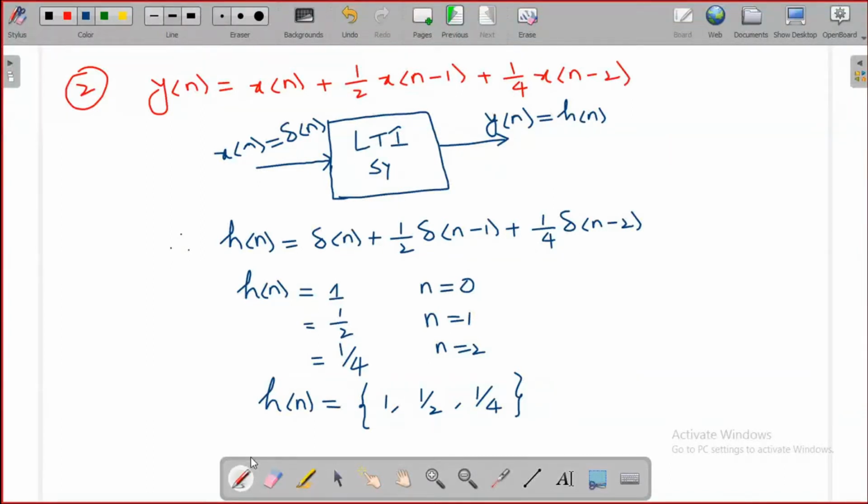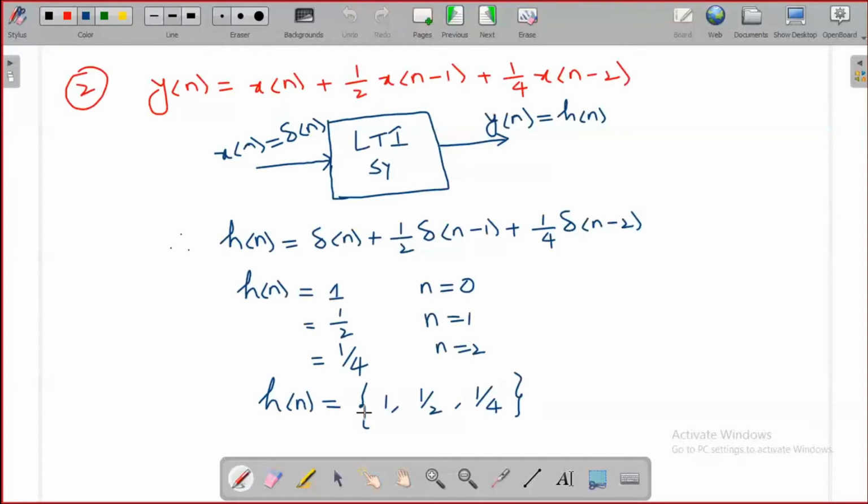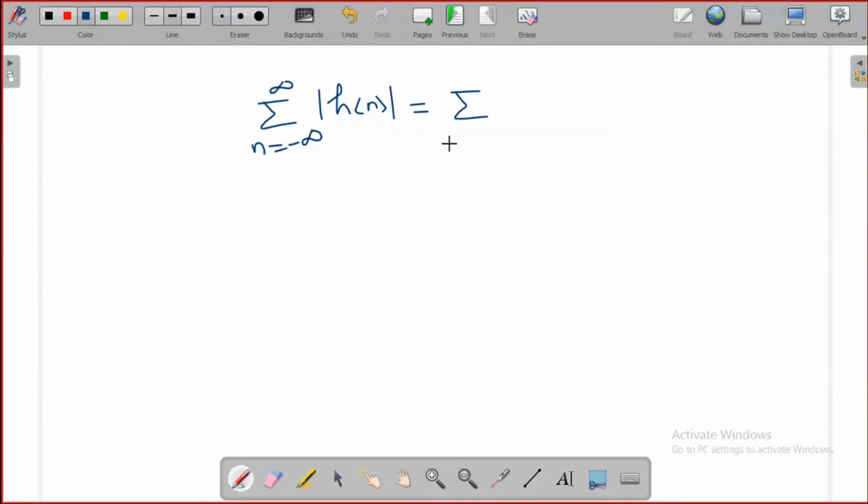Okay, now check the stability condition, that is summation n from minus infinity to plus infinity of mod h of n. Here our impulse response exists from n is equal to 0 to 2. So the whole summation changes to 0 to 2 of h of n, which is h of 0 plus h of 1 plus h of 2.